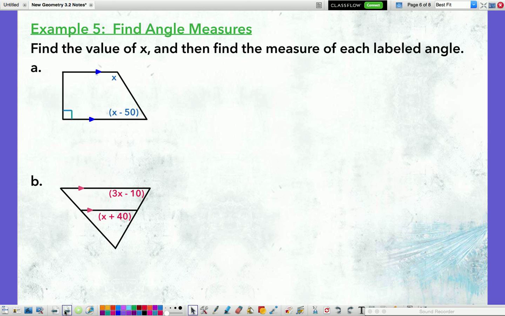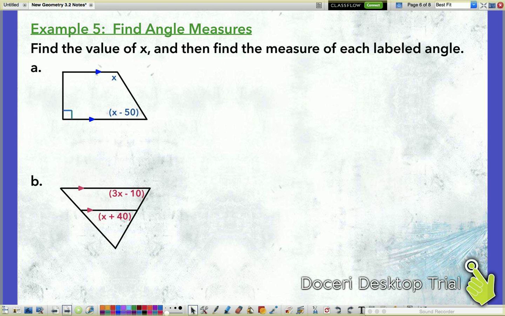Okay, we're going to find the value of x. Sometimes this gets a little tricky, but we'll get through it together. So I need to find a nice pink shade. There. So we're looking at that figure A, and first of all, these arrowheads right here mean that those lines are parallel.